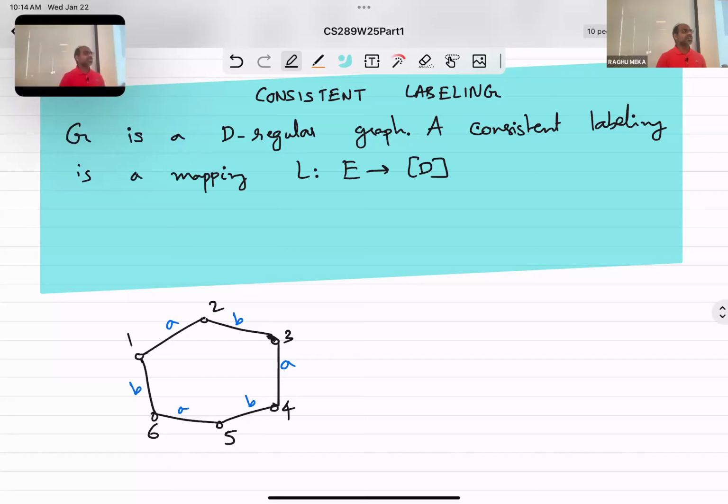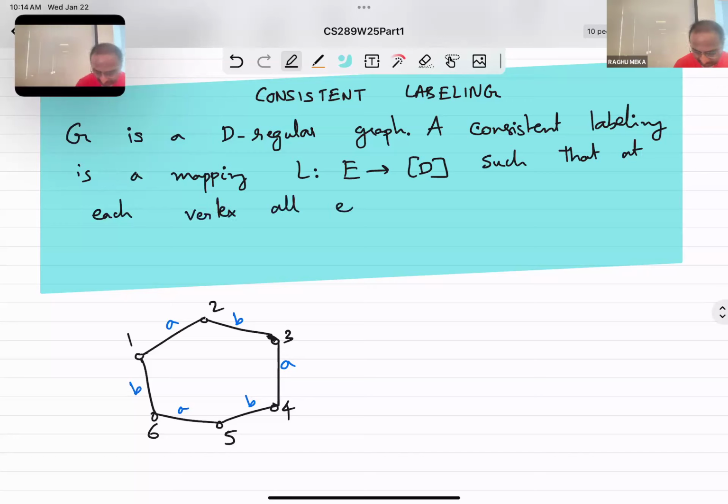It gives each edge a number from 1 through D, which, here I used A and B to distinguish from the names of the vertices, but from 1 through D, such that at each vertex, all edges at the vertex have distinct labels.